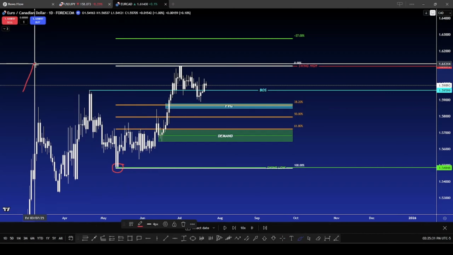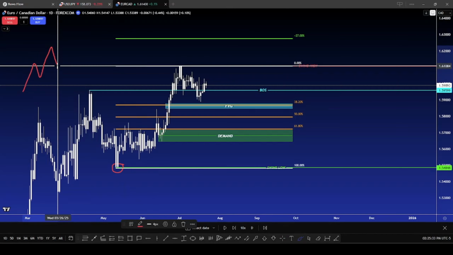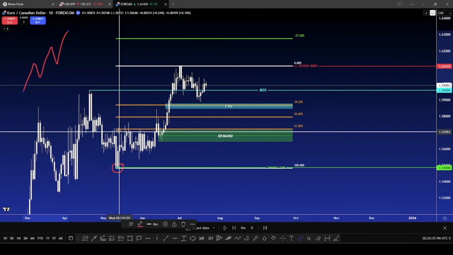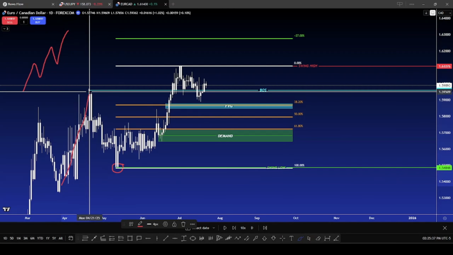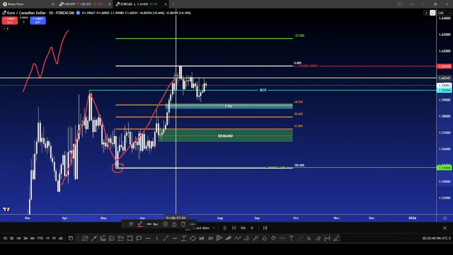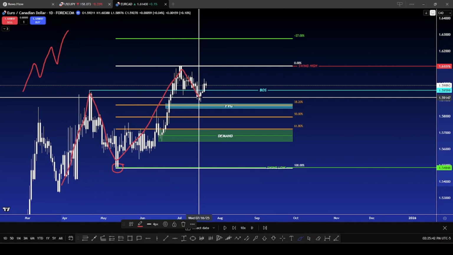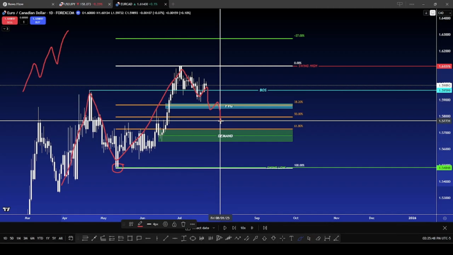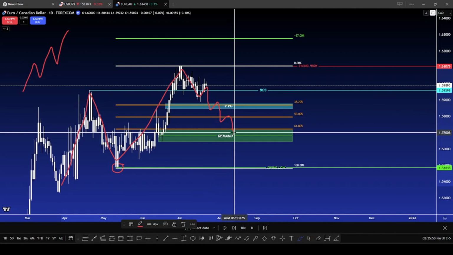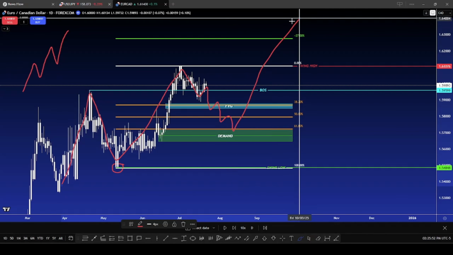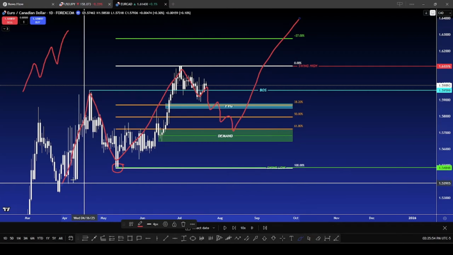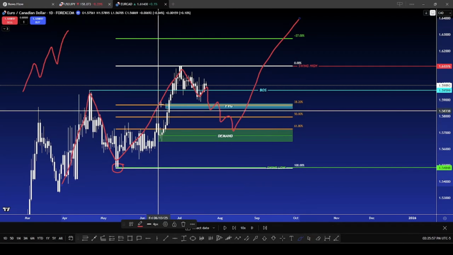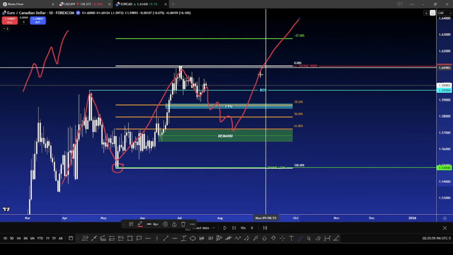You have the run, you have the pullback. You have the run, you have the pullback, you have the run. So if I'm looking at this, I can see here's our run, here's our pullback, here's our run. So we're in the pullback phase right now. And in that phase, guys, we can continue falling and pulling back to any one of these points of interest before we start another run phase. Do y'all see how that lines up? Run, pullback, run, pullback, run, right?